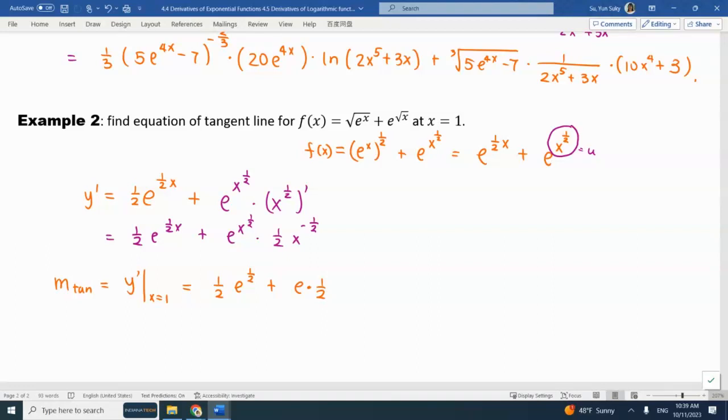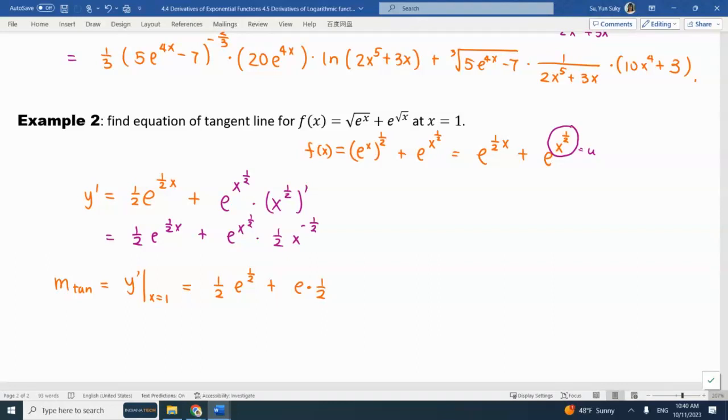Right, everybody? Yes. So this is the slope. By the way, here we're not able to simplify because e to the 1/2 and e are not like terms. You cannot combine them. Okay, everybody? It's like x squared and x. They're not like terms. You cannot combine them.